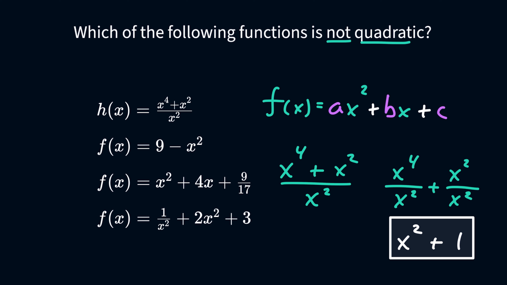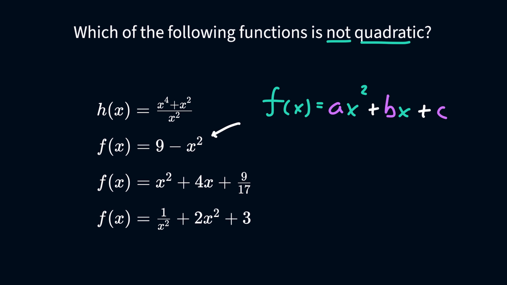Now, is that a quadratic? Well, indeed it is. So we have to be careful. Upon first glance, this does not look quadratic because we have that x to the 4th, but upon simplification, we see it actually is quadratic. So if you can simplify it and you find that you have an x squared term in the numerator, it better not be in the denominator, then it is indeed a quadratic.